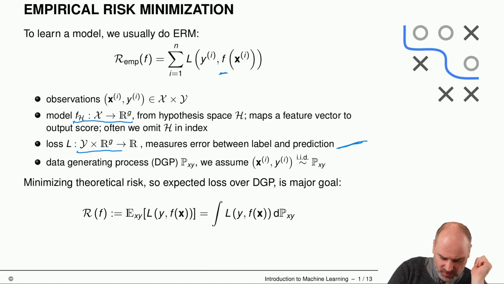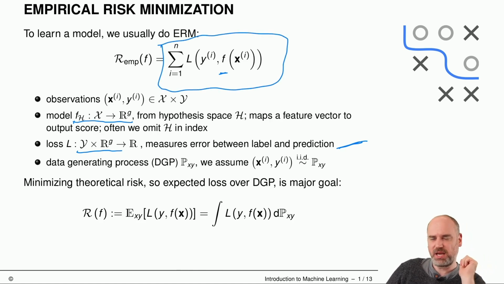And our way of doing that, at least empirically, is exactly this thing here, the empirical risk minimization formula. It simply means, in order to pick an f from our hypothesis space, take a certain candidate, loop over all of your data points, your pairs x_i and y_i, compare the ground truth label y_i with the generated prediction f of x_i, measure this loss, this distance, and sum it all up.